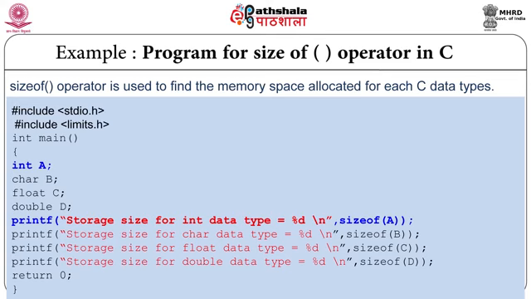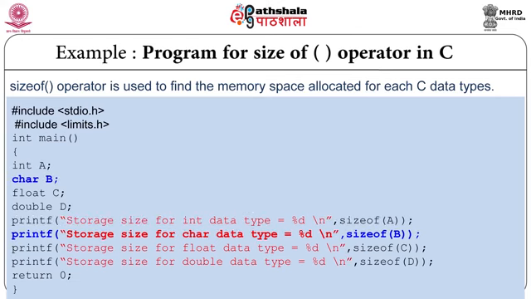Printf storage size for integer data type equal to %d \n sizeof a. In this case, the size of the integer data will be displayed.